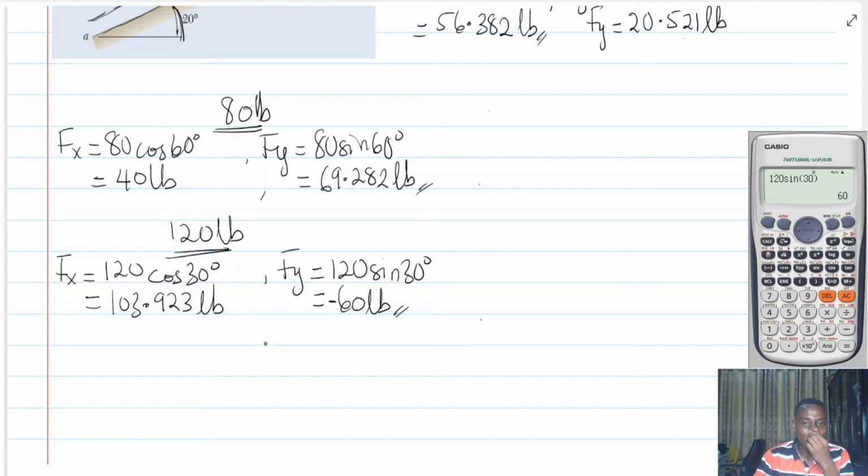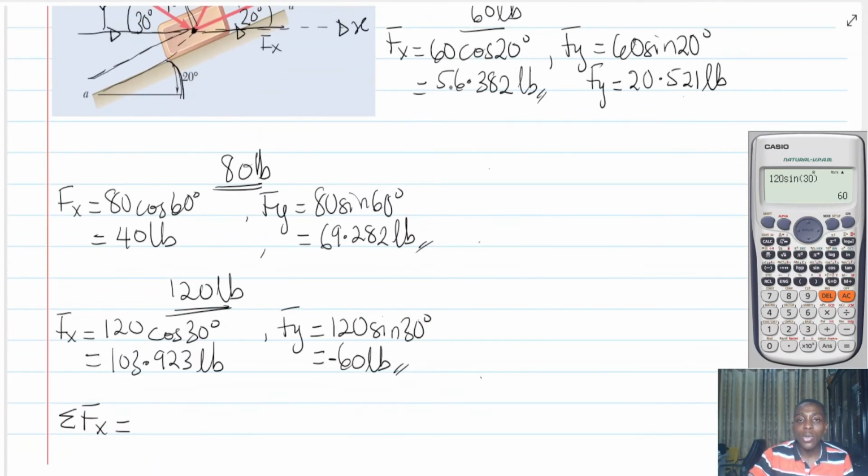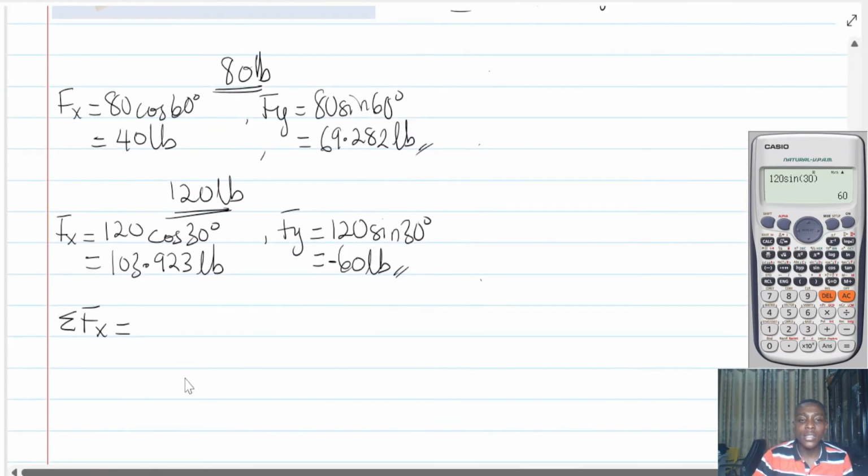All right. So at this point, let's sum forces in the x direction. So I want to sum all the forces in the x direction. I'll look at this first one, which is 56.382, and then I'll add it to 40-pound force. Finally, I'll add it to 103.923.